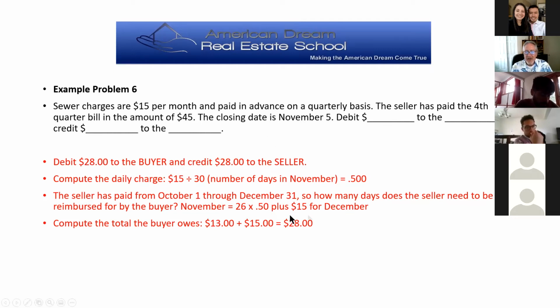Plus, it says in your question here that it's $15 per month. So we prorate November, but we don't have to prorate December because it says in our question 15 per month. We just add $15 for December. So we get our per diem is 50 cents for 26 days for November is $13 plus 15 is $28.